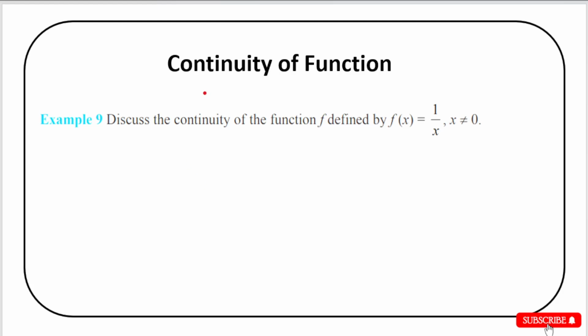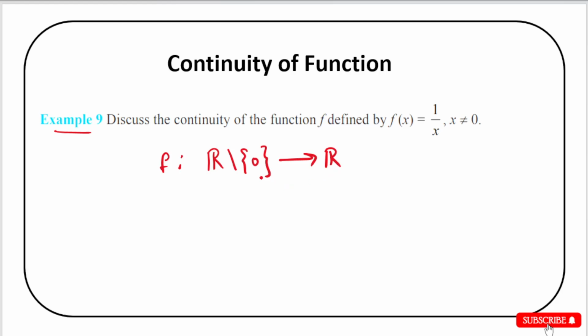Okay. Example 9, discuss the continuity of the function f, where f(x) is 1 upon x, x is not equal to 0. So what is the domain of this function? The domain is any real number except the value 0.